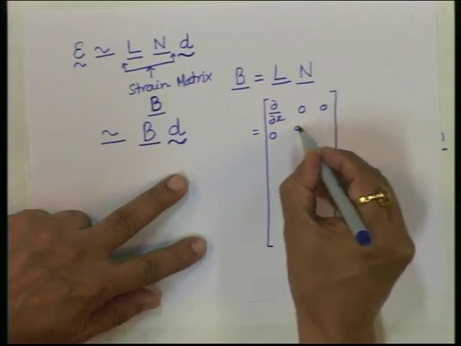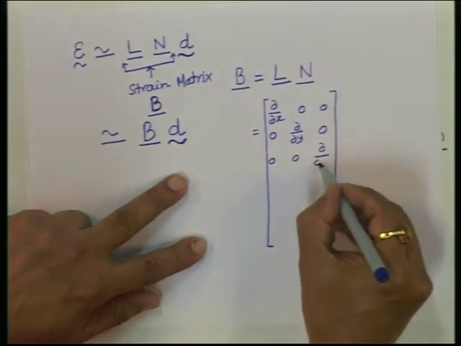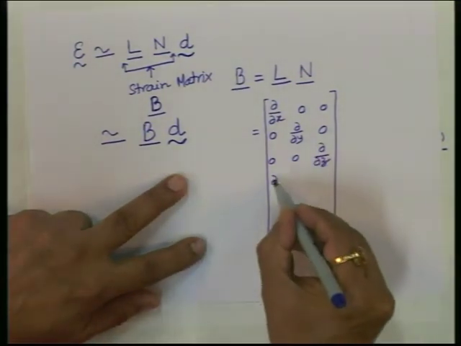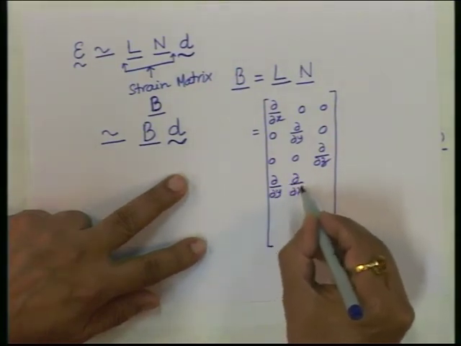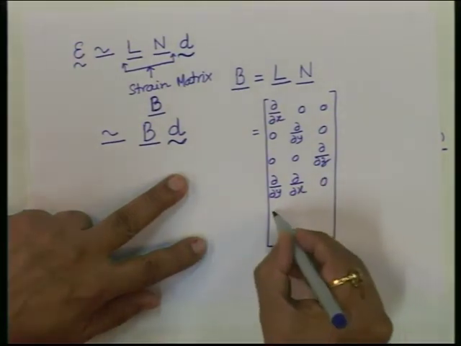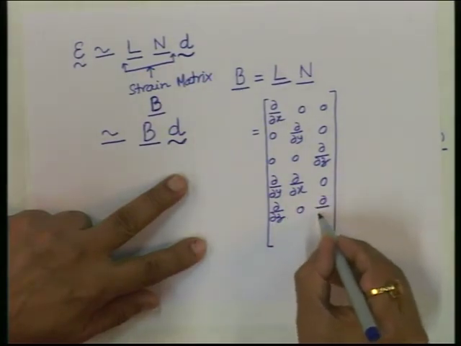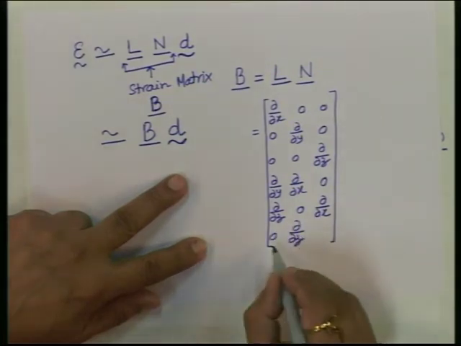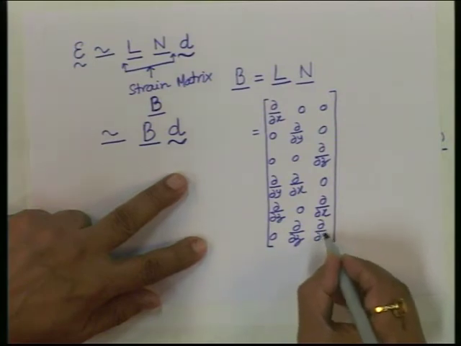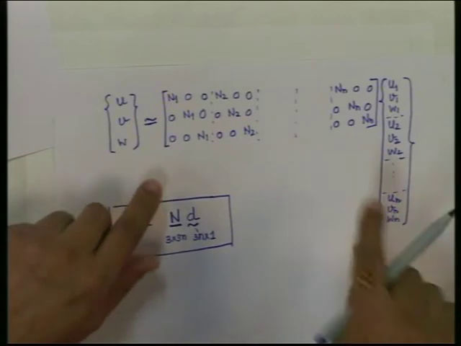Then del by del y, 0, del by del z, 0, del by del y, del by del x, 0, del by del z, and del by del x, then 0, del by del z, del by del y. So this is your L, and the N matrix is this matrix, you see N. N is quite a big matrix. This is my N.